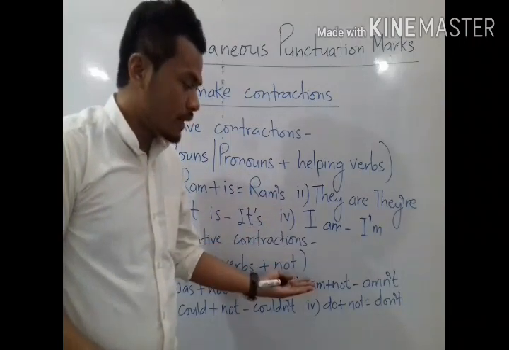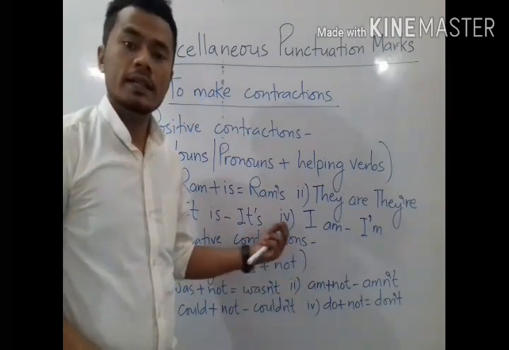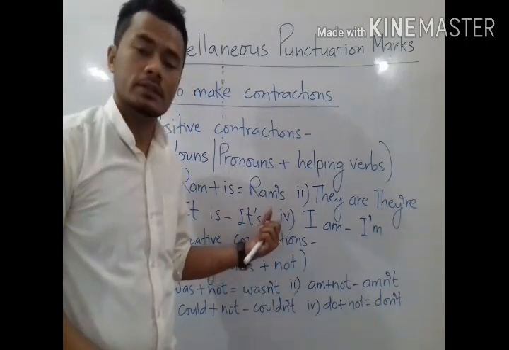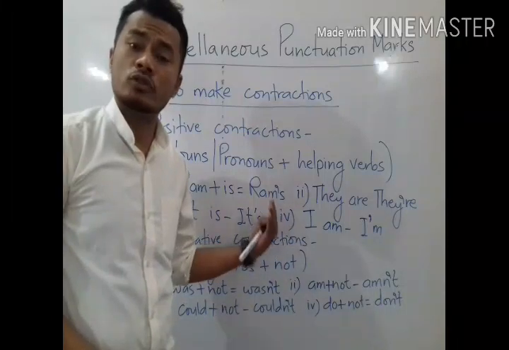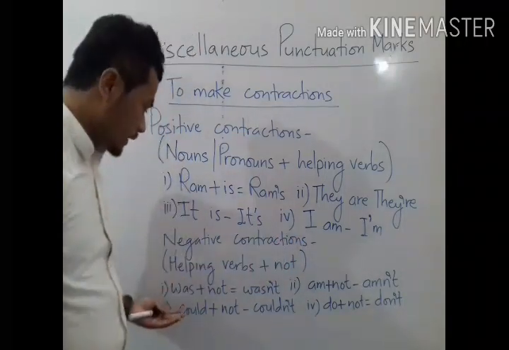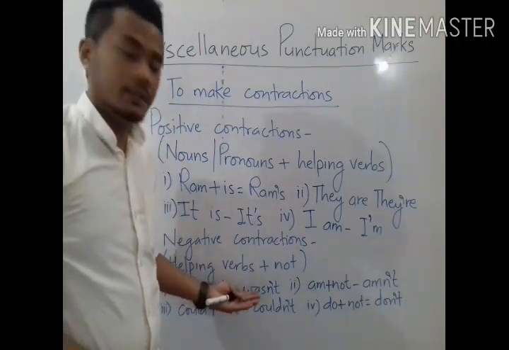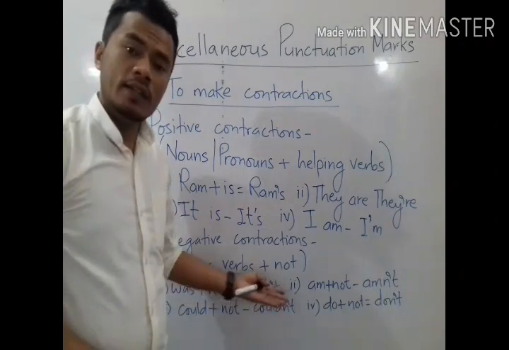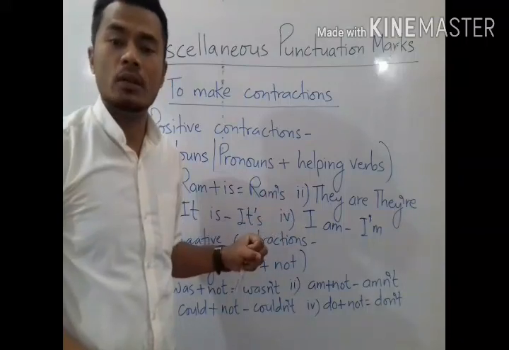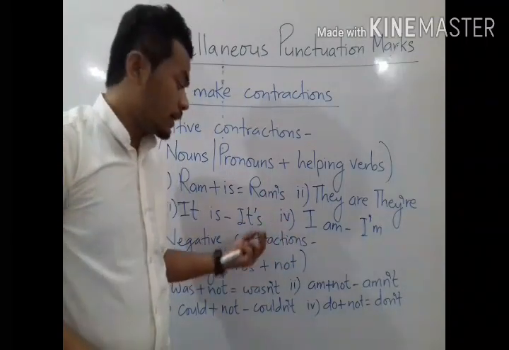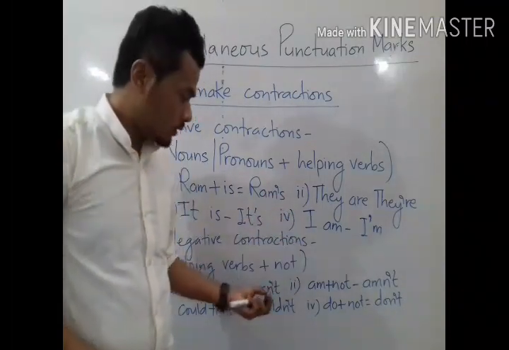In the same way, am not is contracted as amn't, A-M and apostrophe T. Okay. Could not, couldn't. In every case, we have to omit O from not and make a single word out of the helping verb and not.